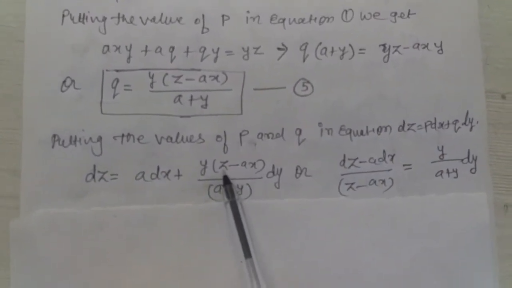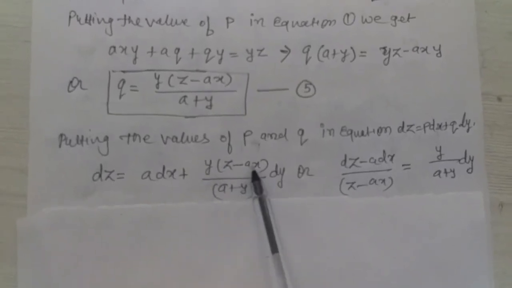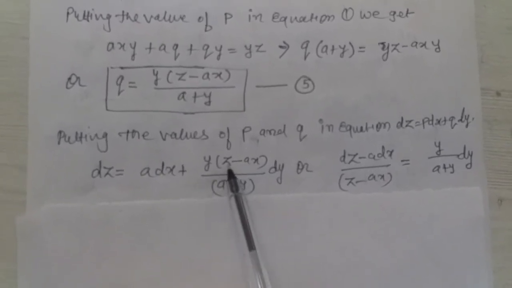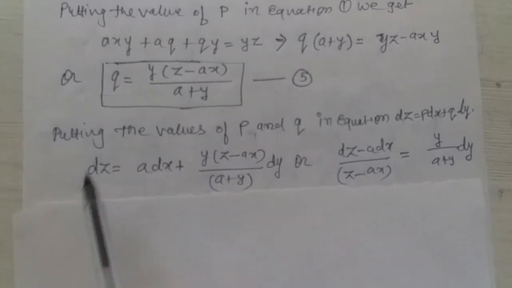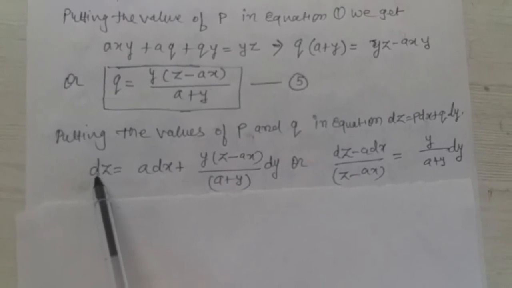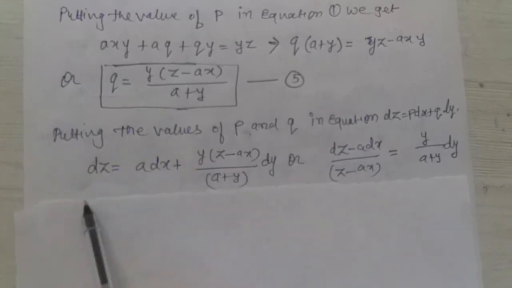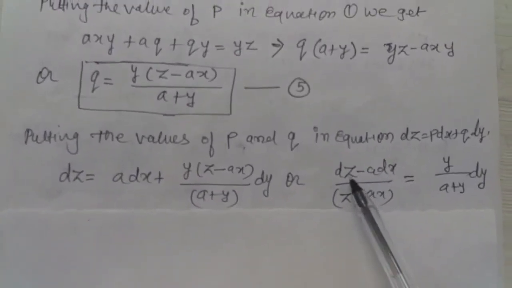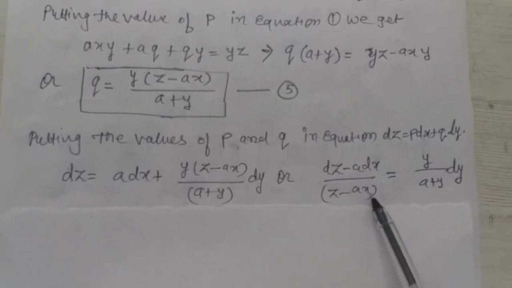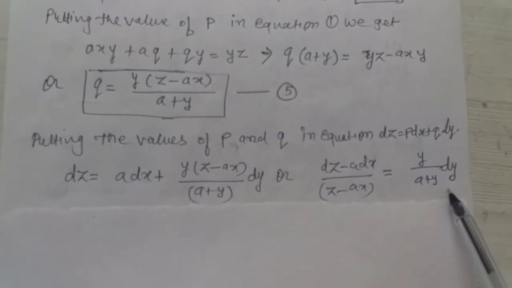The derivative of this term z minus ax is dz minus a dx. So can we have the term dz minus a dx in this expression? Yes. If we transfer this to the left hand side, we get dz minus a dx, and then transferring z minus ax to the left hand side, we get dz minus a dx upon z minus ax, equal to y upon a plus y.